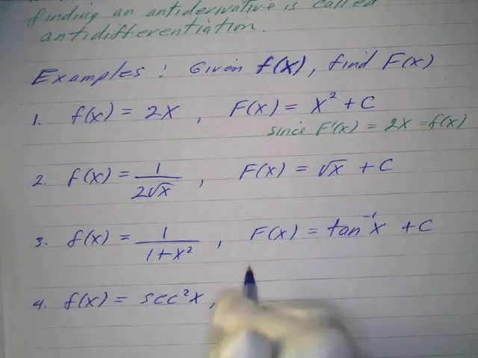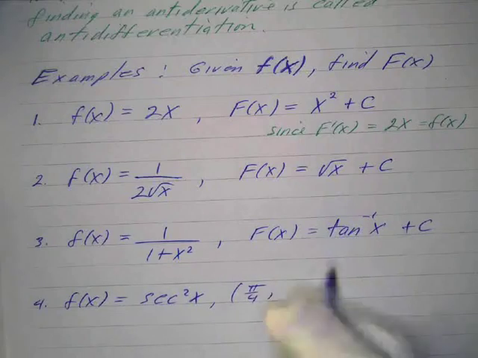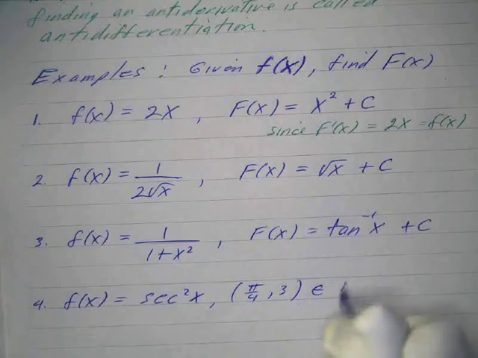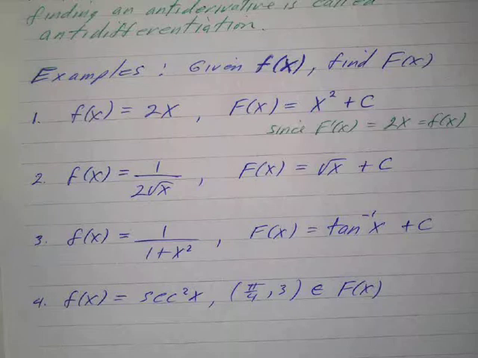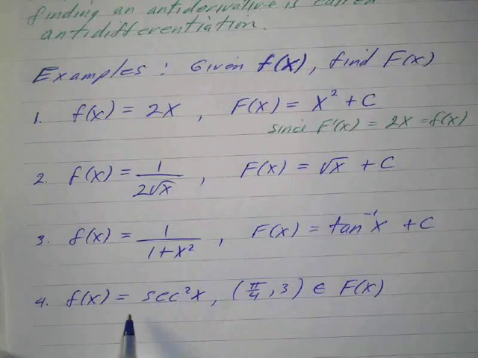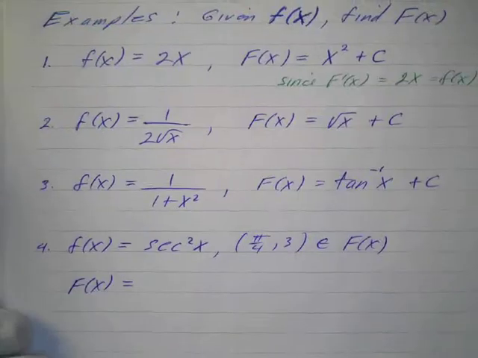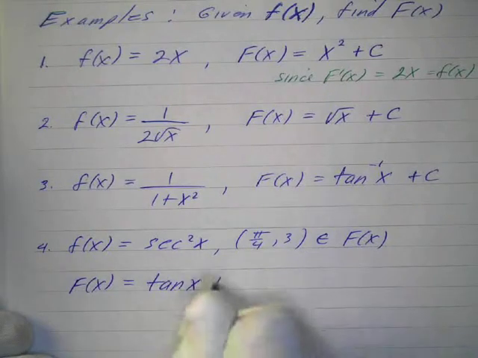And we know that the point pi over 4, comma 3 belongs to the antiderivative. That's what we're looking for. So first of all, we know that F of x equals, and what function has a derivative of secant squared? Well, we know that it's going to be the tangent, right? That would be the tangent of x plus c.